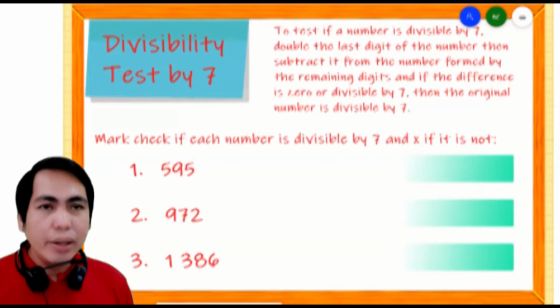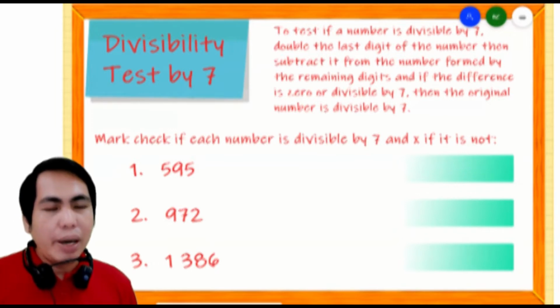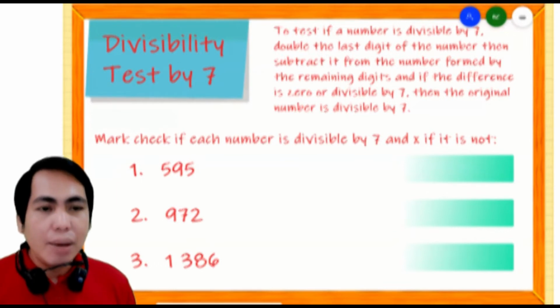So for us to understand the rule for the divisibility test by 7, we have to take 3 examples. So let us have sample number 1, 595.